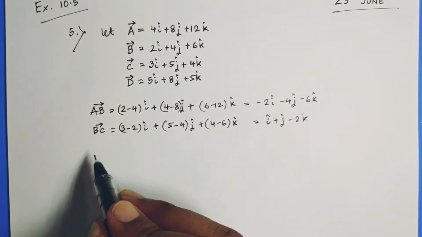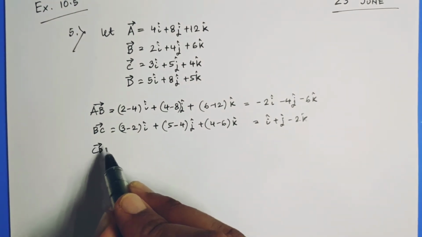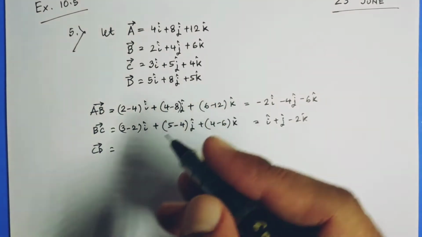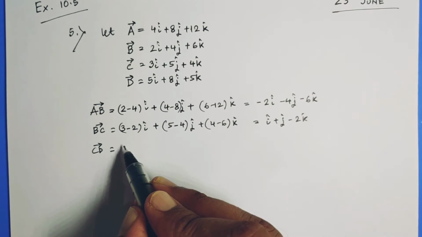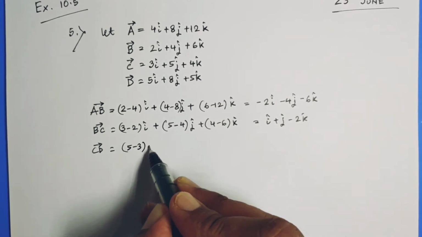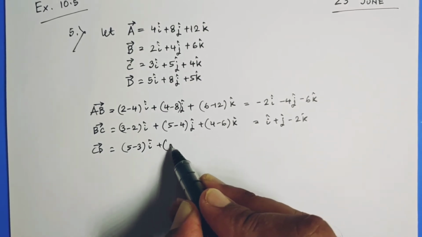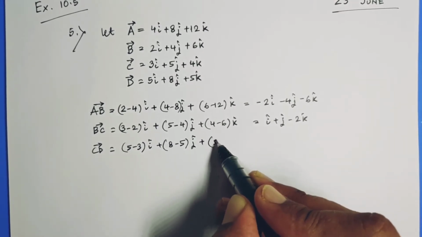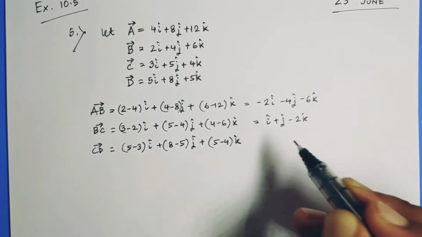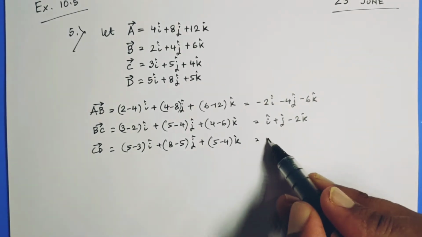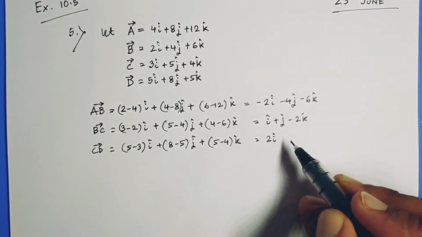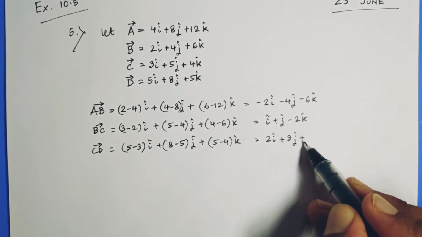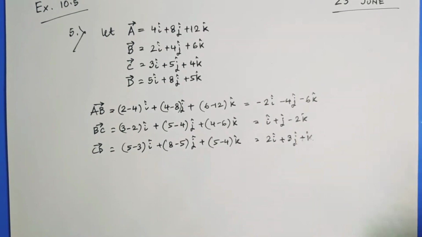Now last one, CD vector. CD vector will be the components of D minus the components of C. So it will be 5 minus 3 i cap plus 8 minus 5 j cap plus 5 minus 4 k cap, and that is equal to 2i cap plus 3j cap plus k cap.